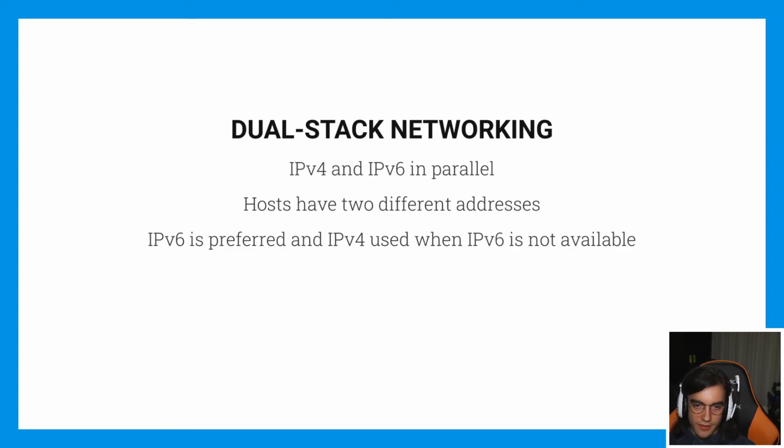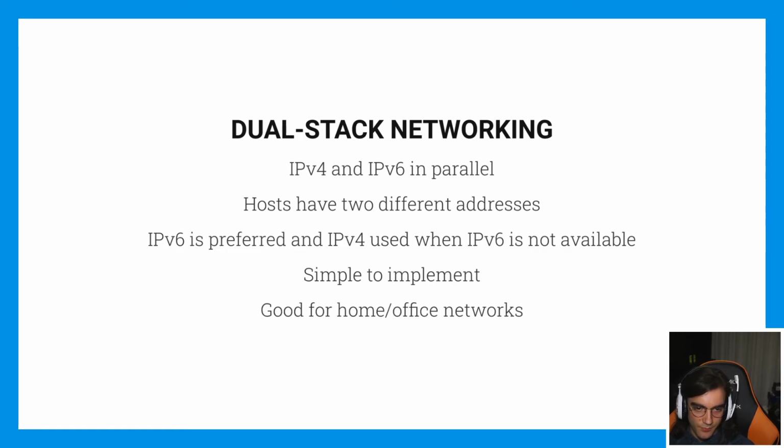All major operating systems have mechanisms in place to make sure that if ever something's broken with your IPv6, in pretty much any case you can gracefully degrade to IPv4 and you won't have a problem. Dual stack networking is also the simplest to implement because there's the least messing around with your network. Your existing v4 deployment is going to work like it always has, and you can focus on your v6.